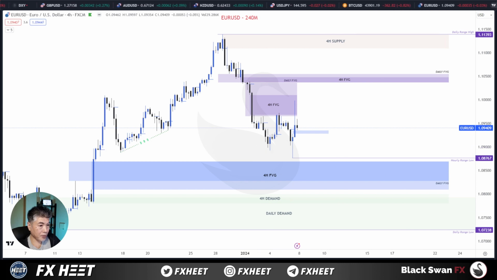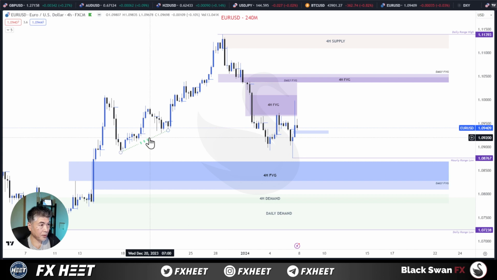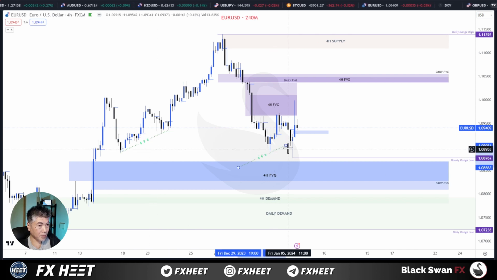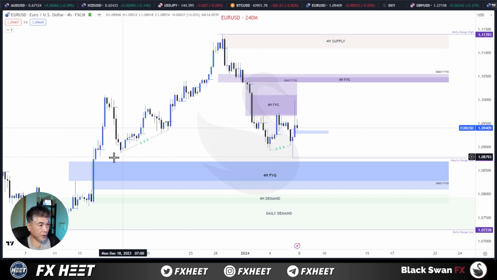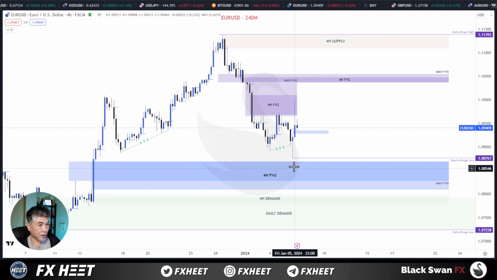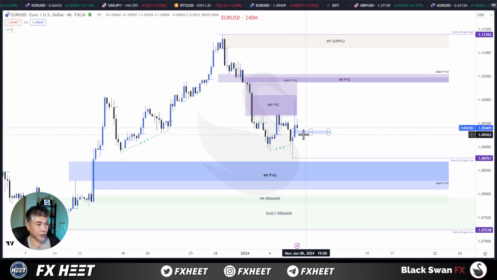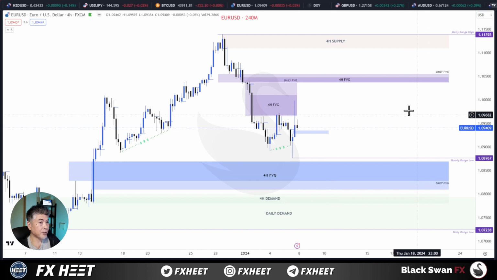Also swept all of that as well. Actually, let me just do a copy. Yeah, really nice sweep of this liquidity as well as this liquidity. So potentially this could be the low and we start to see price turn around and push up from here.